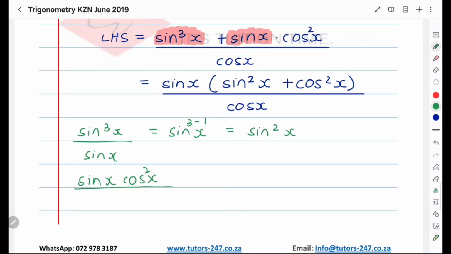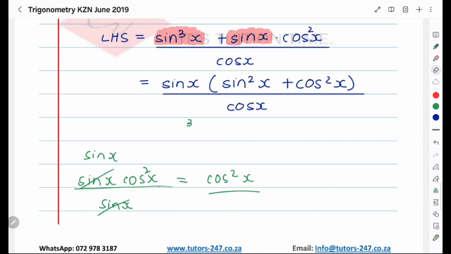So you take the second term, which is sine x cos squared x, and you take out a common factor, which is sine x. So you divide by sine x. And as you can see, sine x cancels sine x, and you are left with cos squared x. So that is what is left behind in the bracket. So if you want to take out a common factor, you just divide each term by that common factor to see what is left behind inside of the bracket.